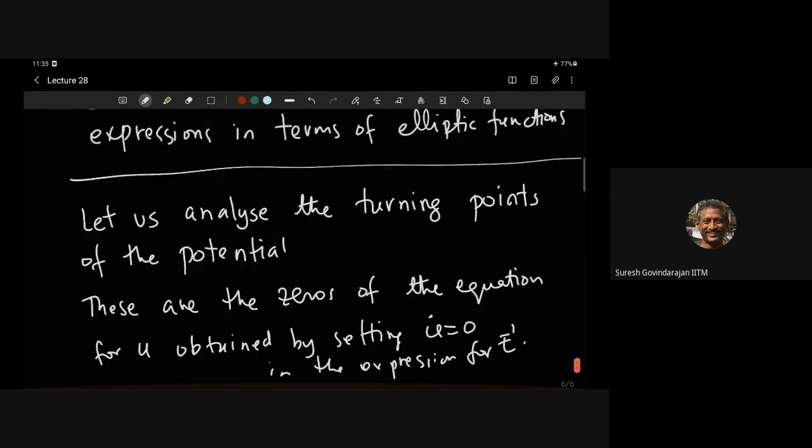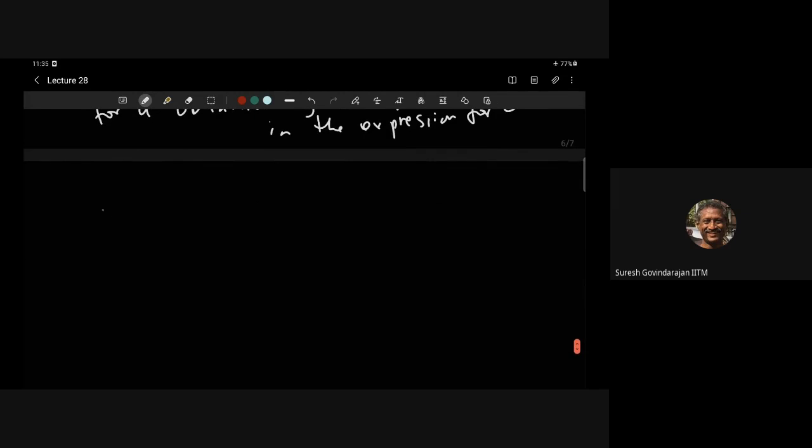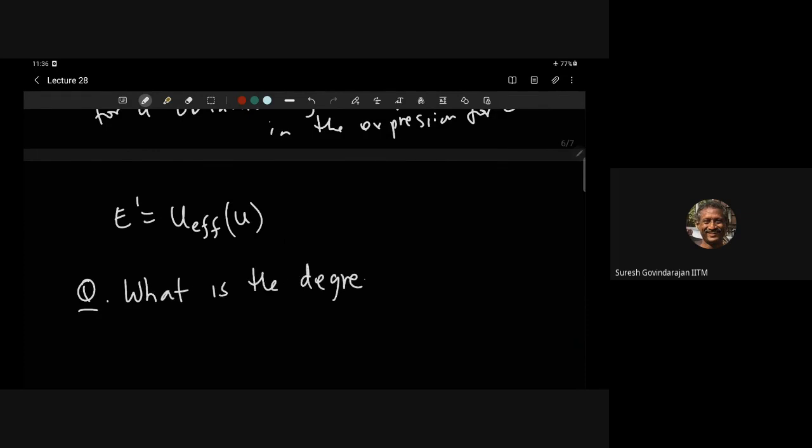So what we will write is E prime is equal to whatever that thing is, U effective of u. Now the question is, what is the degree of the polynomial? So let me write out, for once, U effective of u.